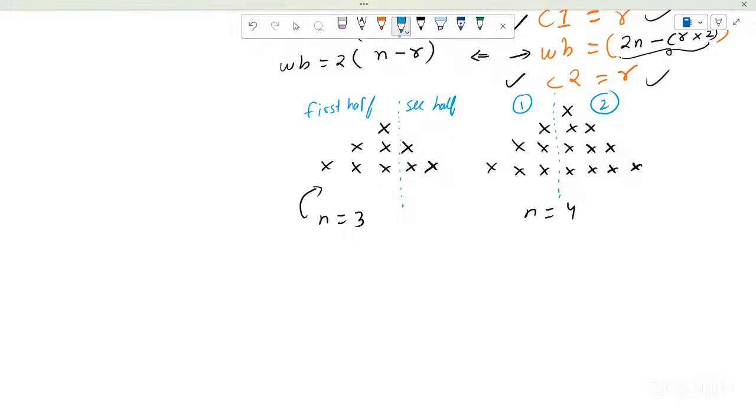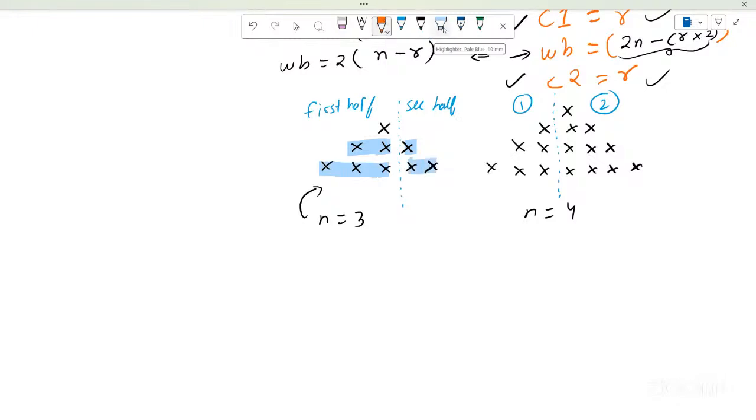If you look at the first division, the number of columns in the first half is more, right? If you see 2, 1, 3, and 2, the first half has more columns.